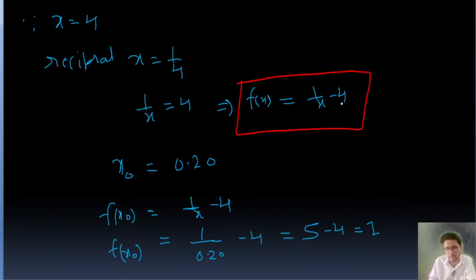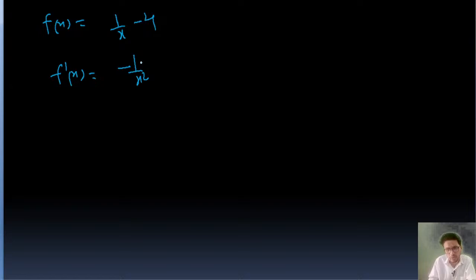Now we will find f dash x. This is f(x), guys, 1 upon x minus 4. So f dash x is going to be minus 1 upon x square, right? This is the differentiation.